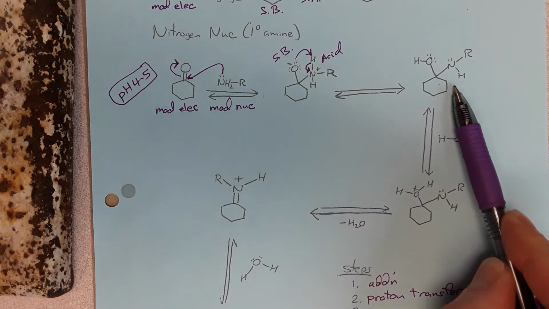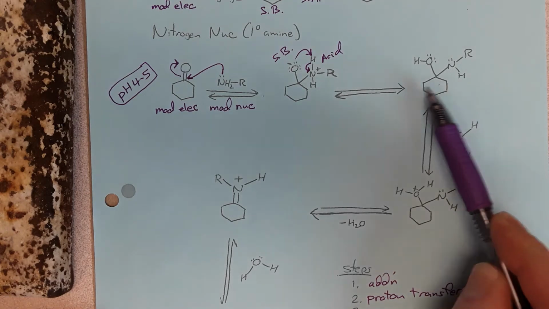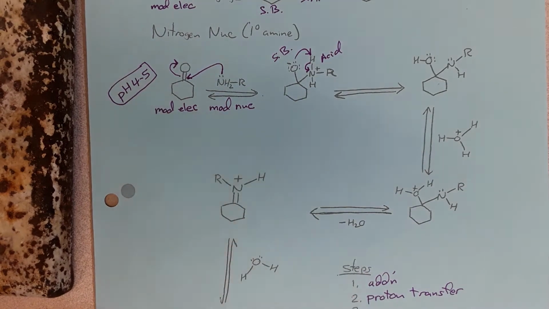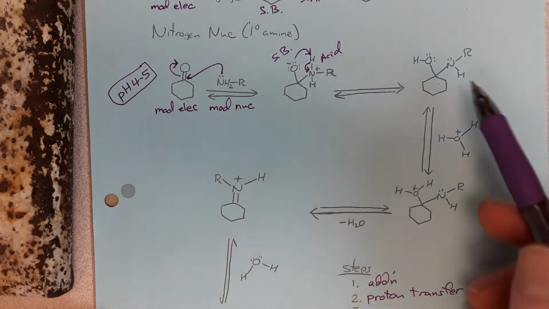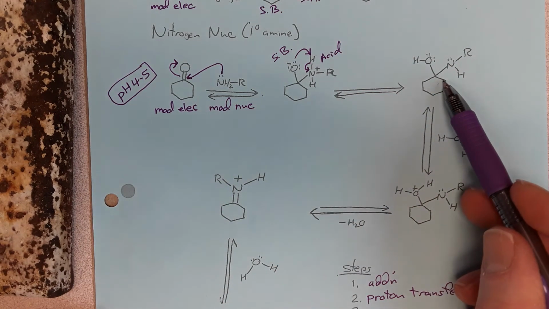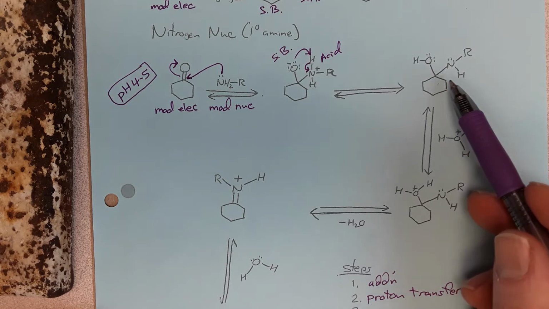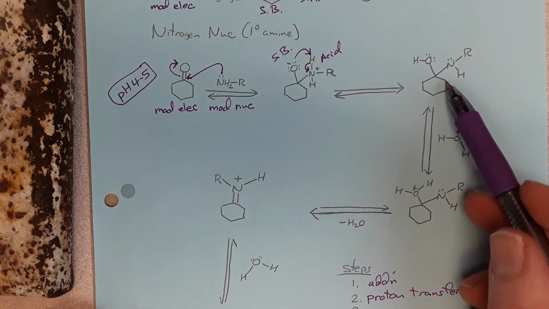And again, if we are in acidic solution, which we are, pH 4 to 5, then ideally all of our intermediates are going to be either neutral or have a positive charge on, and we will not be forming anything with any net negative charge on it.